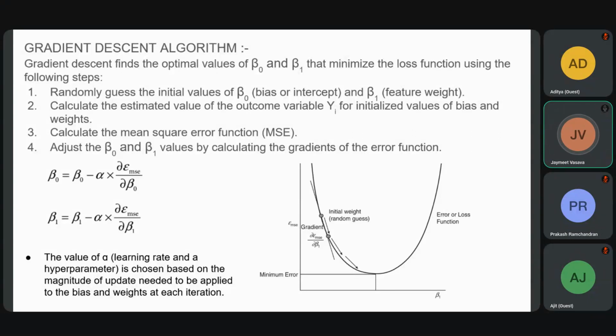So let's discuss the steps. The first step, randomly guess the initial values of beta 0, which is the intercept, and beta 1, which is the feature value or the feature weight.